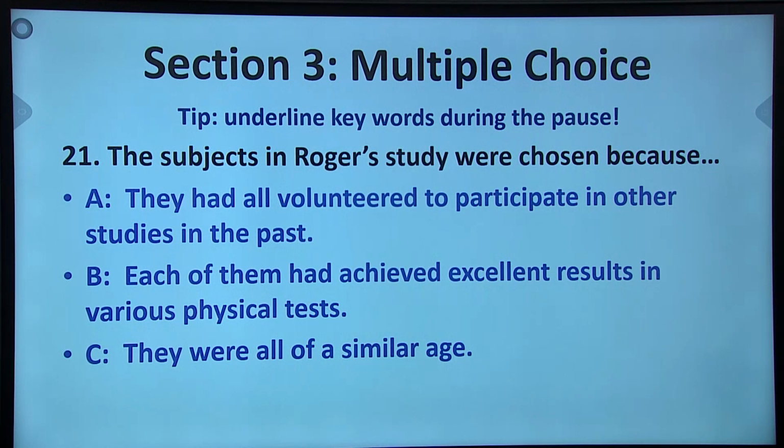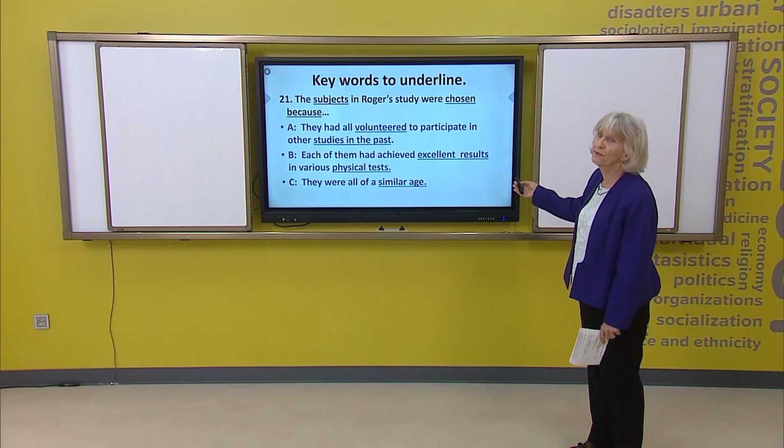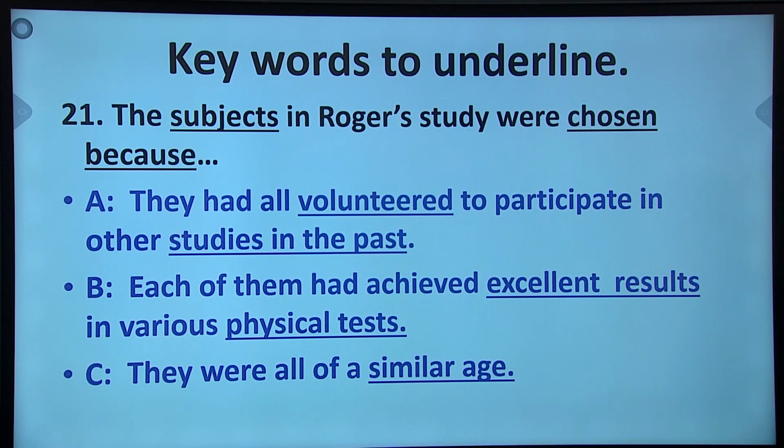Okay, so let's move on and see if we agree. This is what I thought. I hope you've got a similar idea. So in the question, the most important words are subjects, chosen, because. That's what you're listening for. Why were the subjects chosen? A, volunteered for other studies or studies in the past.